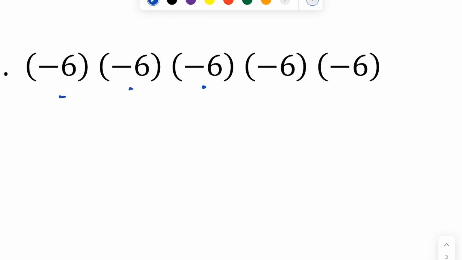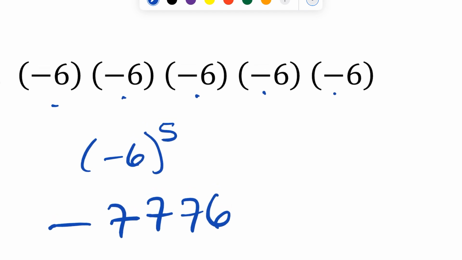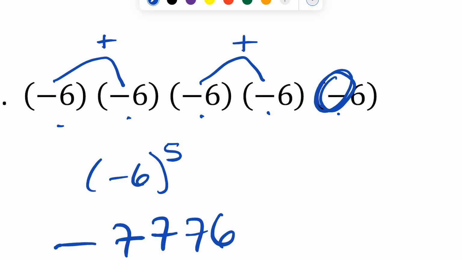There's 1, 2, 3, 4, 5, negative 6 to the 5th power. That would be negative 6 to the 5th power is 7,776. Those of you that are confused at how I knew that that was negative right off, remember that if I have these two, that becomes a positive. These two, this becomes a positive. I have 1 left, so it means it's going to be a negative.